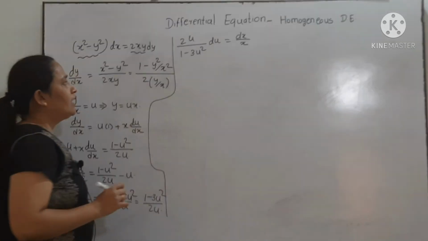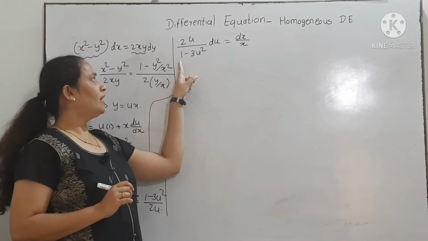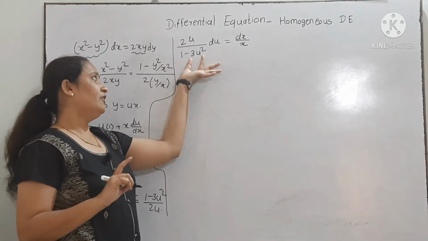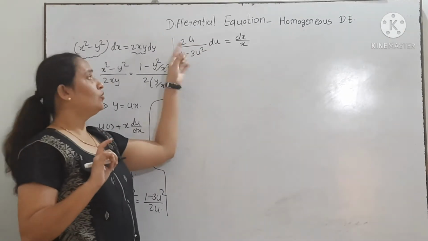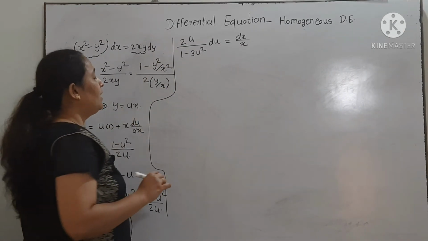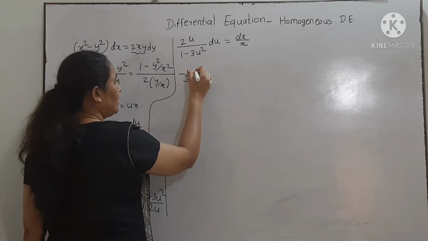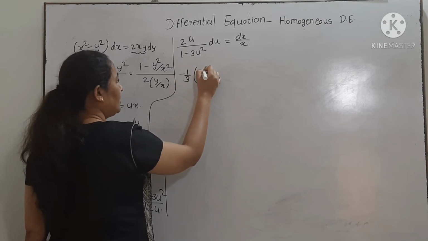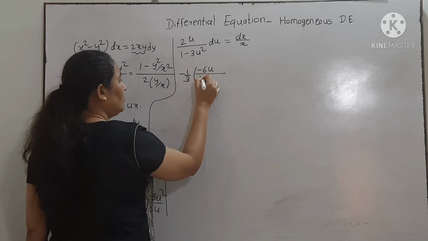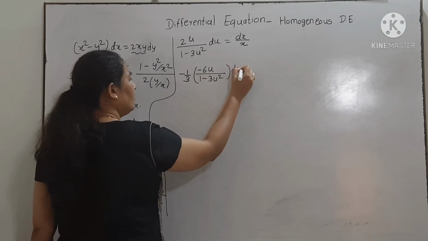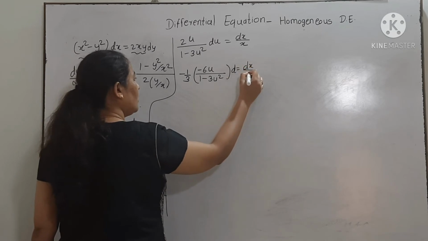Now what is the derivative of 1 minus 3u square? The derivative of 1 is 0, and the derivative of minus 3u square will be minus 6u. We have 2u, so if I multiply and divide by minus 3, it is minus 1 by 3 in bracket, minus 6u upon (1 minus 3u square) du equal to dx upon x.